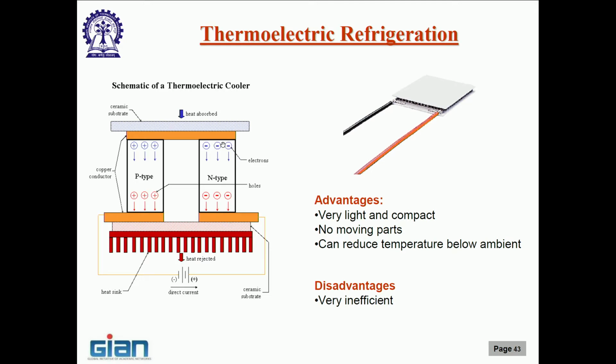As the current flows, due to the thermoelectric effect, I am going to give rise to a temperature difference. In this case, if this is the direction, then this will be my cold junction and this will be my hot junction. I will be able to remove heat from this end and reject it at the other end.